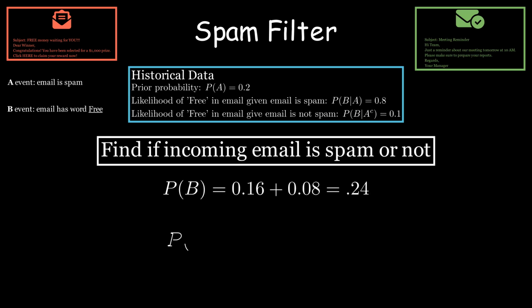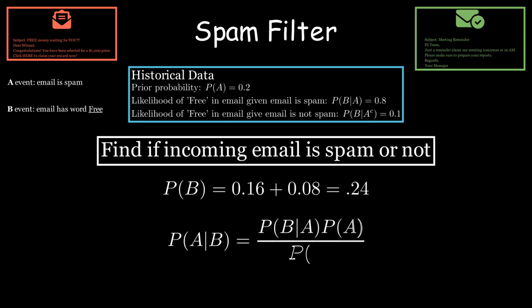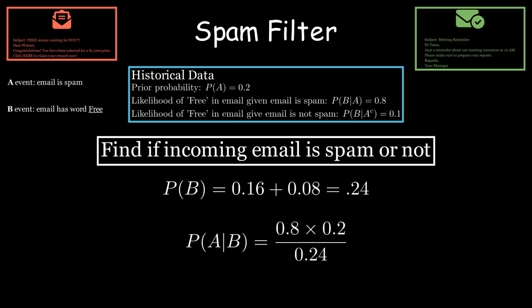Next, we can use Bayes' theorem to find the probability that an email is spam, given that it contains the word "free". Substituting the values into the formula, we find that the probability of an email being spam, given that it contains the word "free", is 0.67.